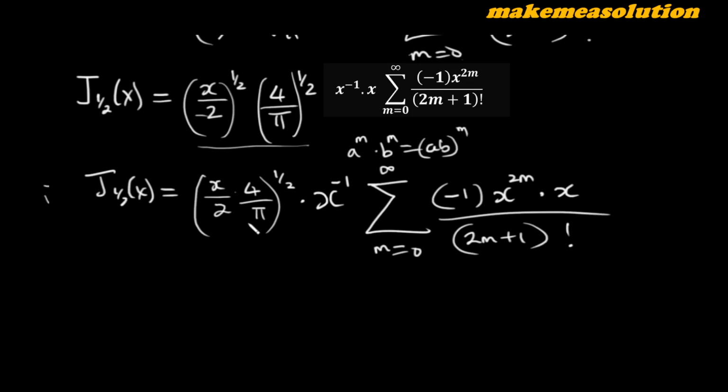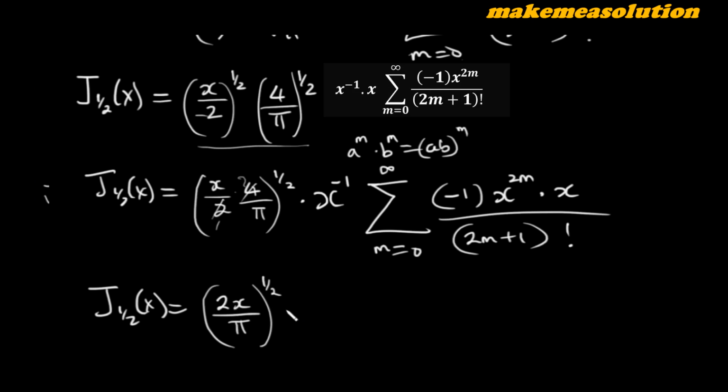Are we good? So at the end of the day, you have J_{1/2}(x) equal to, 2 here, 1, 2 here, 2. So you now have 2x over pi to the power of 1 over 2. Then you now have x inverse, summation m from 0 to infinity of minus 1.